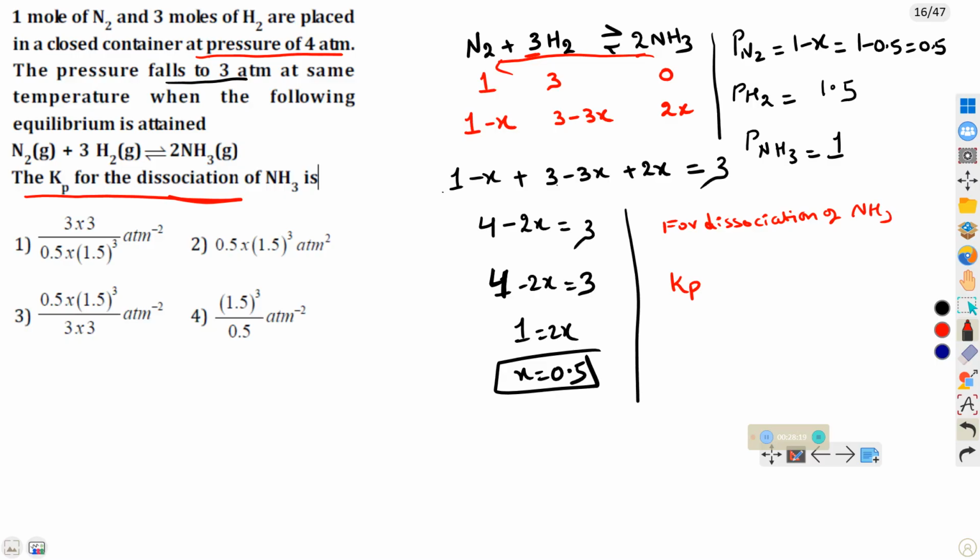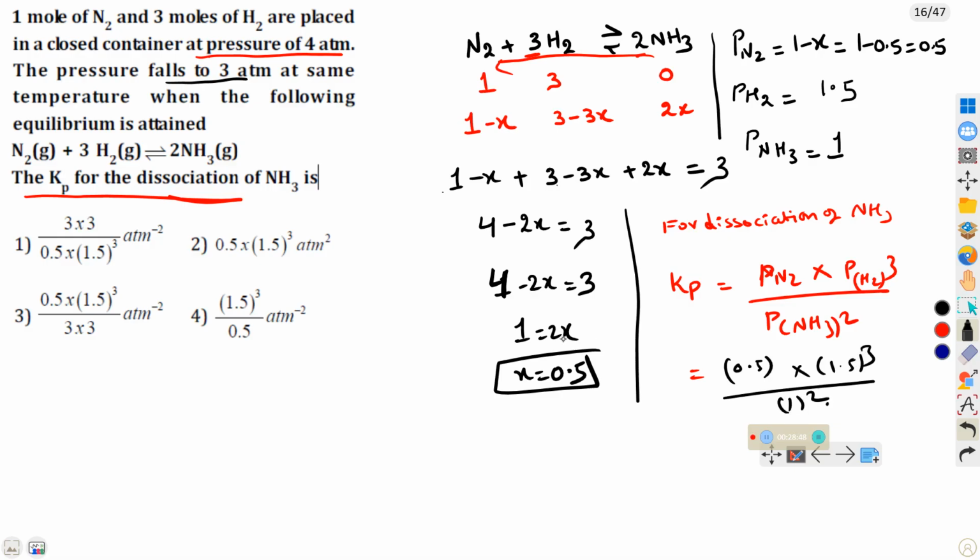NH3 is dissociated, then partial pressure of N2 into partial pressure of H2 whole cube by partial pressure of NH3 whole square. Substitute partial pressure of N2 value 0.5 into 1.5 whole cube by 1 whole square. Nothing but 0.5 into 1.5 whole cube. So second option is correct.